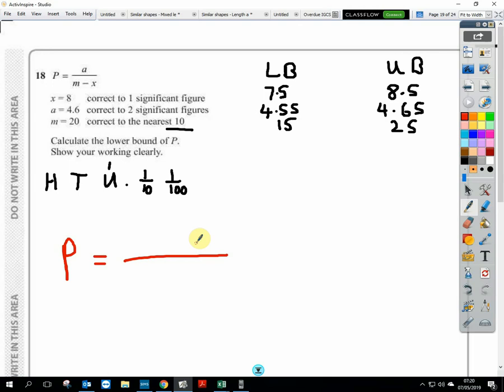Now if you have a small cake but you divide it between a large number of people, then everyone's going to get basically a crumb.